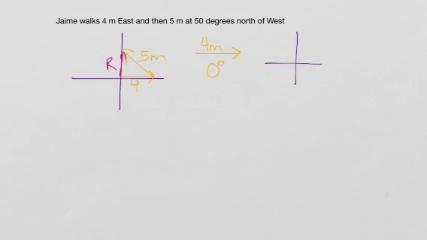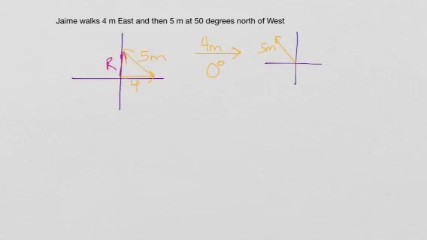My second angle, it might be easy to draw a coordinate plane. My second angle looks like this, and it's 5 meters. Now that's 5 meters north of west, so we start at west and we go up 50 degrees more than that.